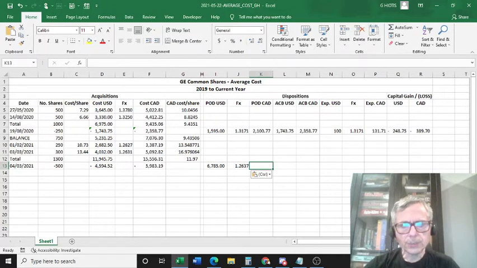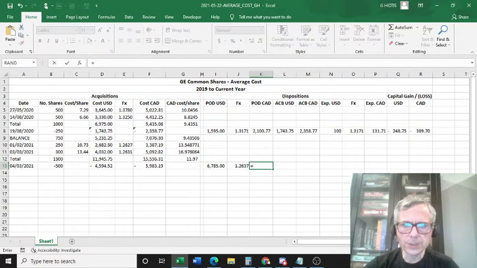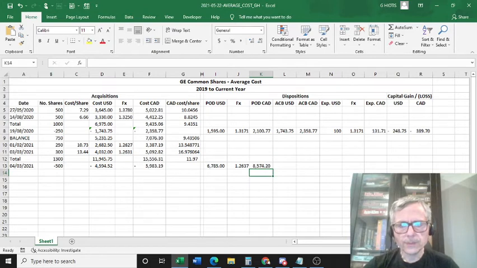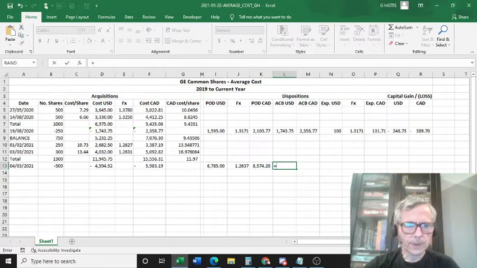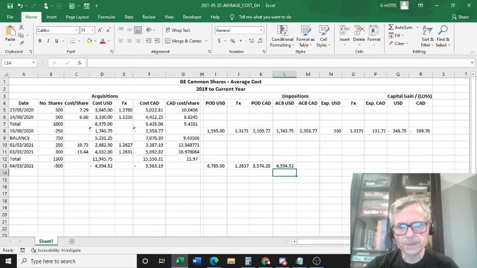And the proceeds of disposition in Canadian dollars is multiplied by that, $8,574.20. ACB in US dollars is simply that, and I'm going to multiply it by -1 to make it a positive number, so my equations work.